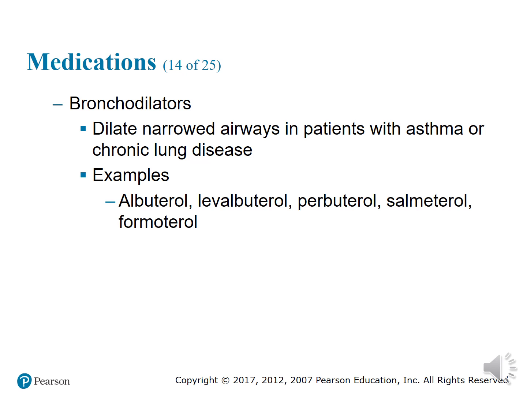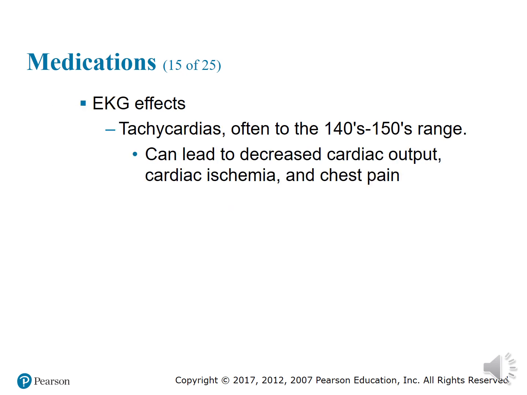Bronchodilators often cause a tachycardia, and sometimes it can increase their heart rate from anywhere from 140 to 150 in that range, and can also lead to a decrease in cardiac output or cardiac ischemia, and sometimes it can cause chest pains.